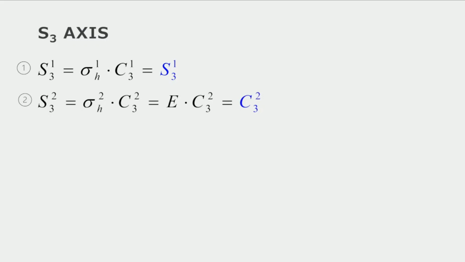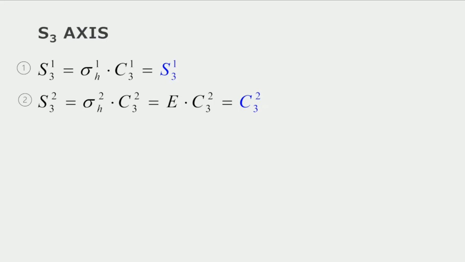Now let us examine the operations associated with an S3 axis. The first operation is S3 to the power 1, which is equal to sigma h to the power 1 into C3 to the power 1, which is none other than S3 to the power 1 itself. The next operation is S3 square, which is equal to sigma h square into C3 square, which is equal to identity into C3 square.